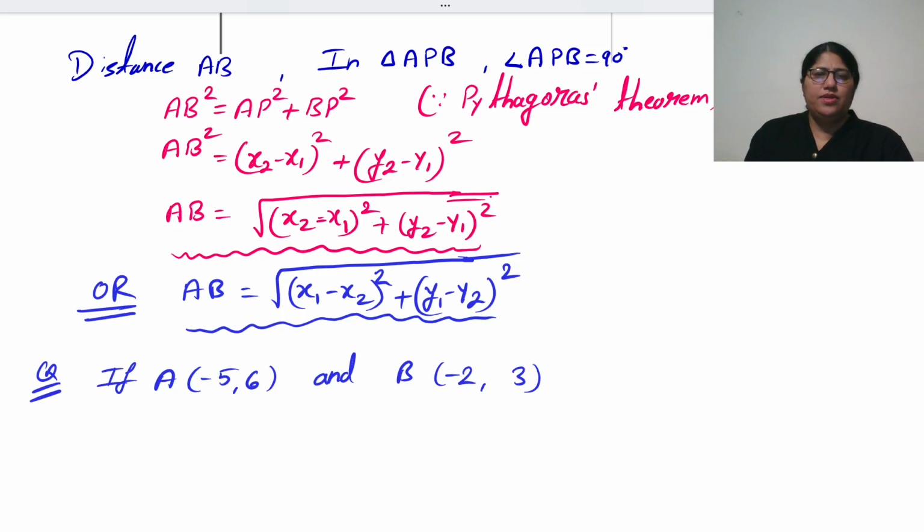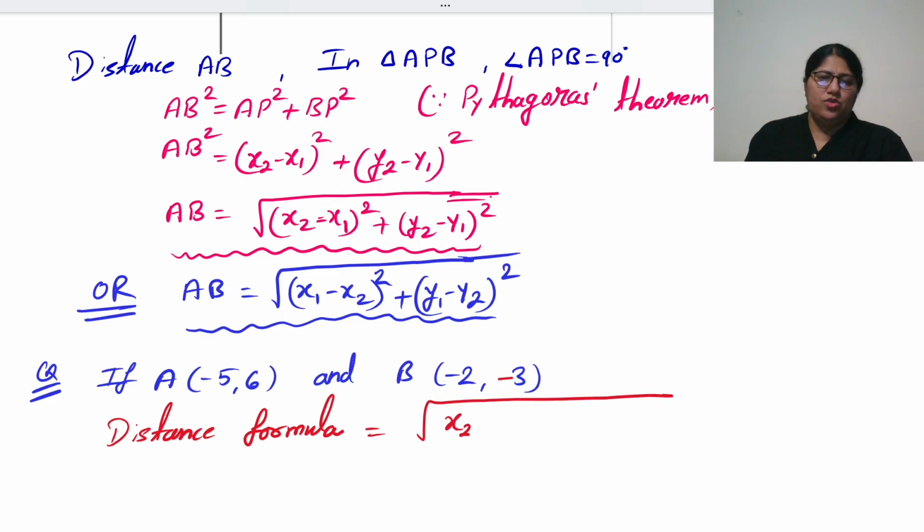Or because it's going to be the same, let me take minus 3 only. If you need to find the distance between A and B, how are you going to do it? So first you will always write down the distance formula. What is the distance formula? I can write down here x2 minus x1 whole square plus y2 minus y1 whole square, right?